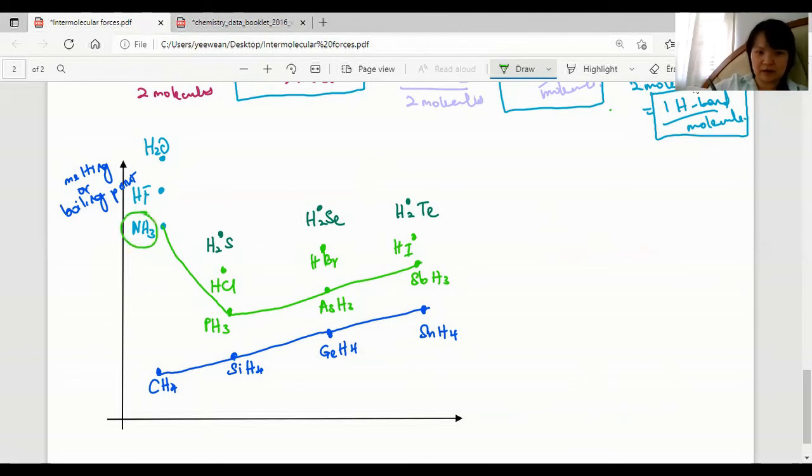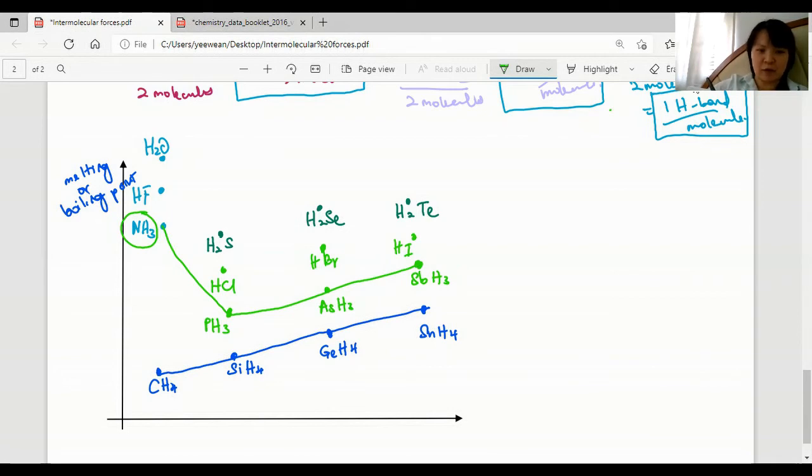There's an existence of hydrogen bond in NH3, which is why it's much higher compared to its own group. For PH3, AsH3, and SbH3, the increase is affected by van der Waals, which is London forces and permanent dipoles, whereas NH3 is affected by hydrogen bonding.